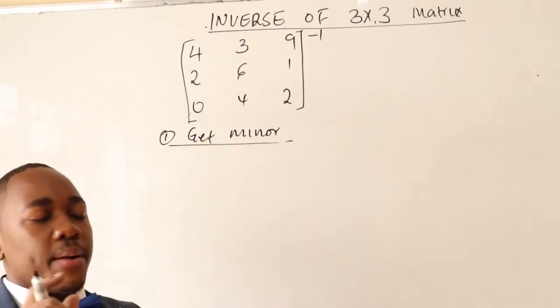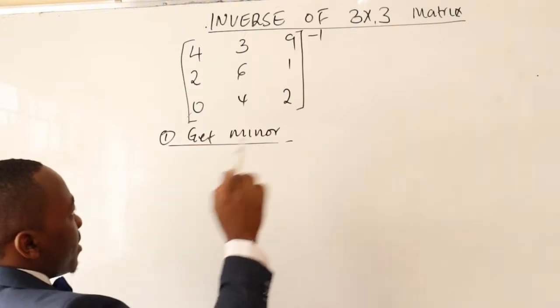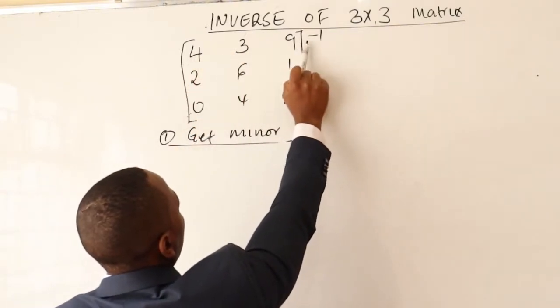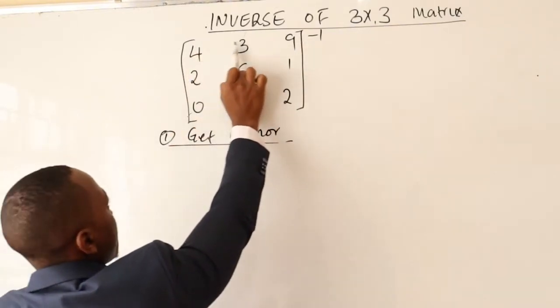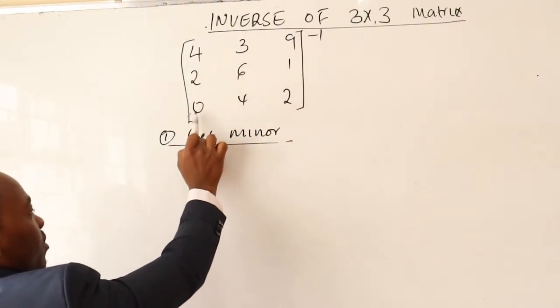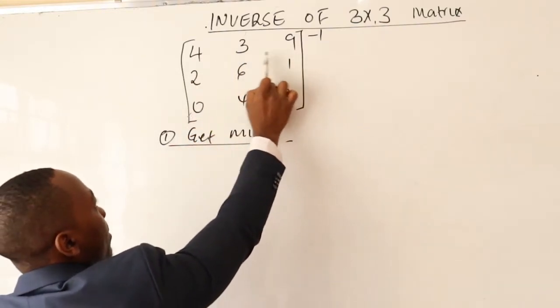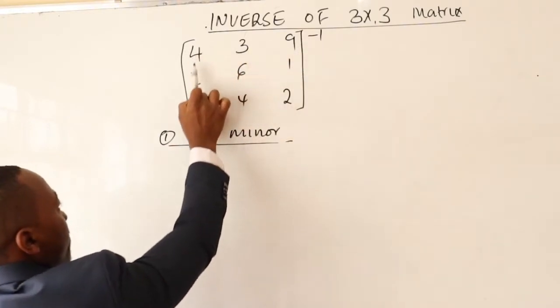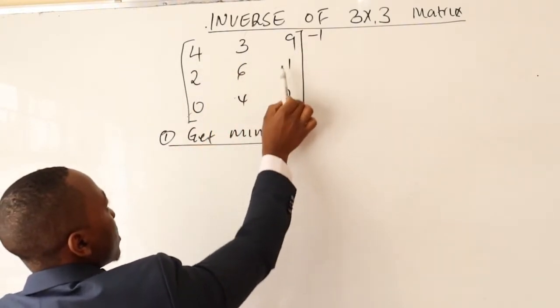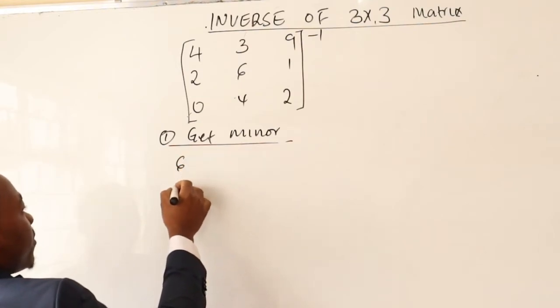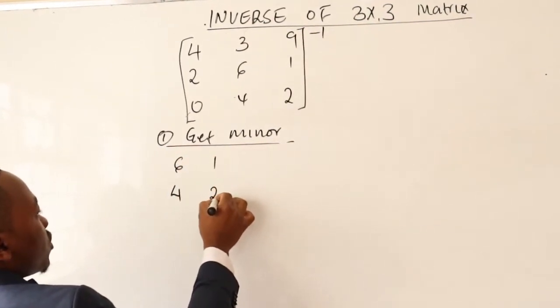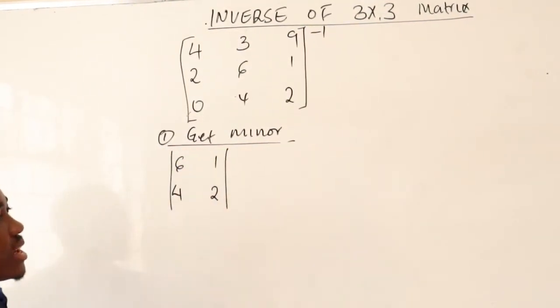To get the minor, in this case, for example, the first one, you take first row, first column. Now you focus on the uncancelled numbers. If you take first row, first column, the uncancelled numbers we have are 6, 4, 1, 2, and you put it like that.